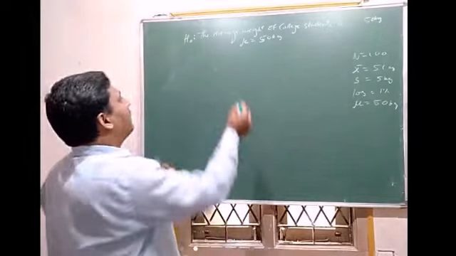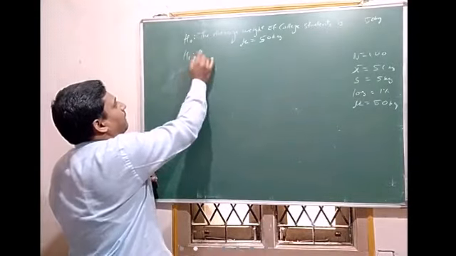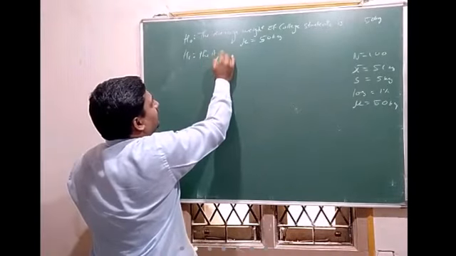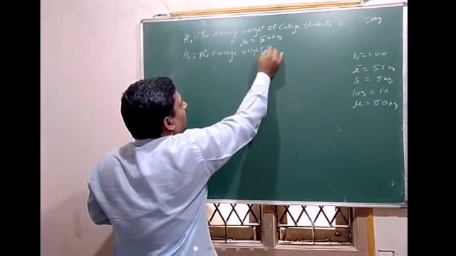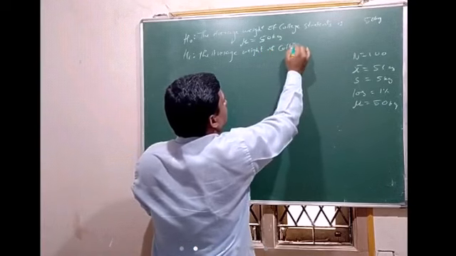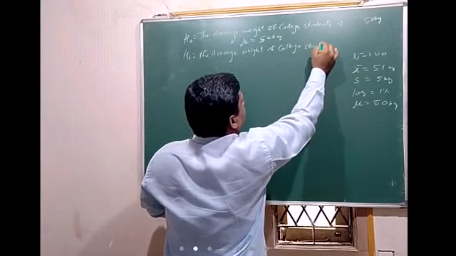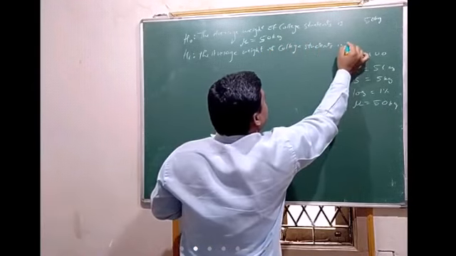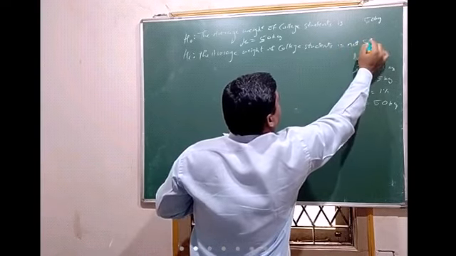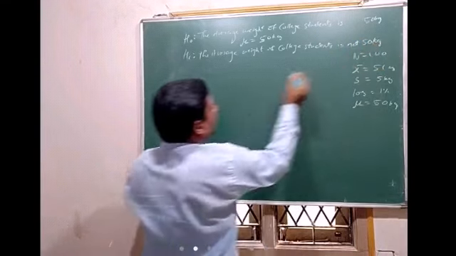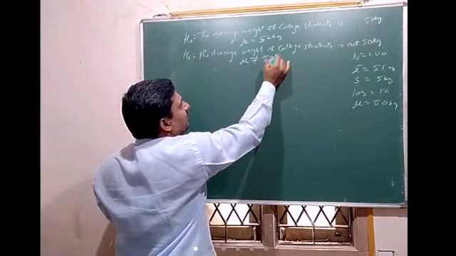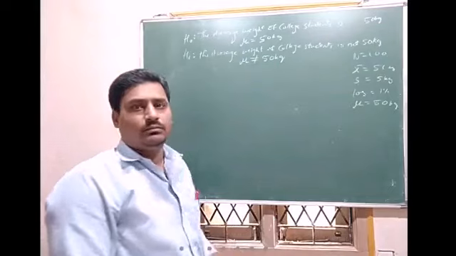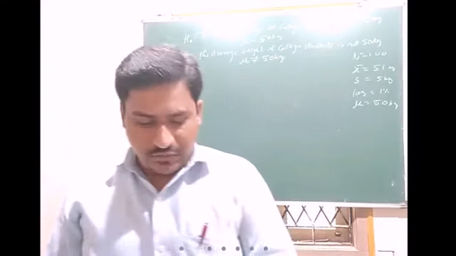So the alternative hypothesis H1: the average weight of college students is not 50 kg. So that means mu is not equal to 50 kg.